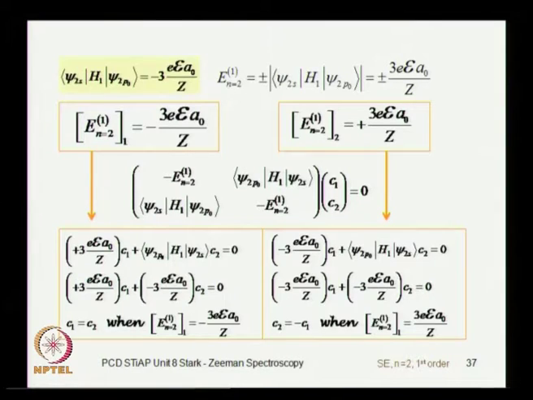Now, if you take the other one, with the plus sign, when you do the same insertion in this matrix equation, you find that because both these terms now have a minus sign, that requires C2 to have the negative of the sign of C1. So, one will be 1 over root 2, the other will be minus 1 over root 2.